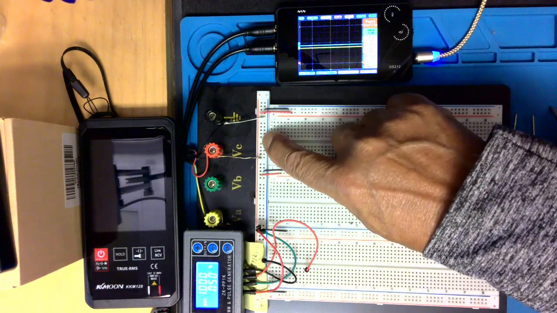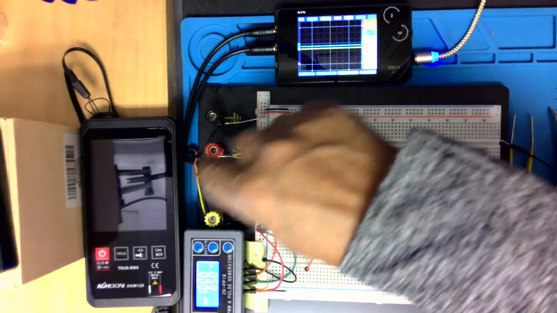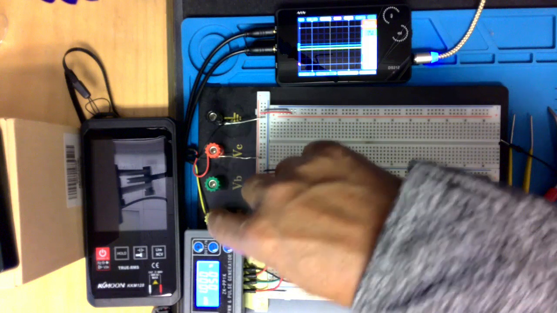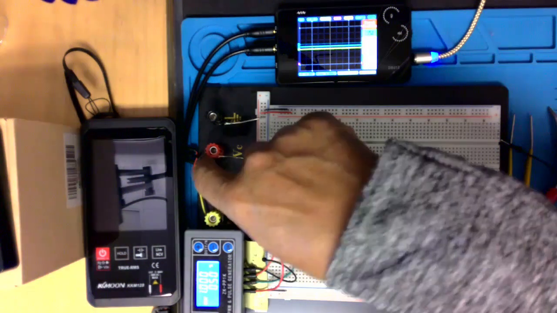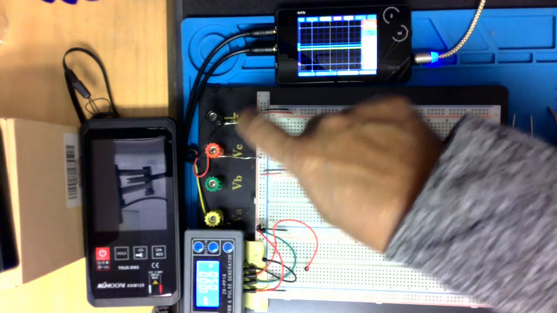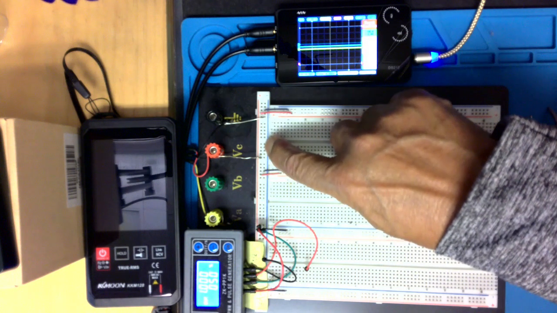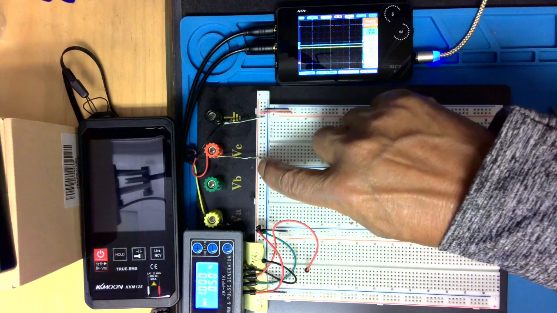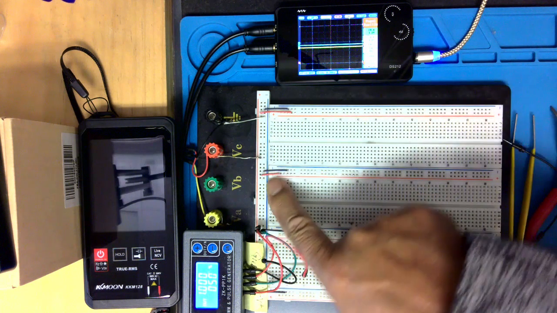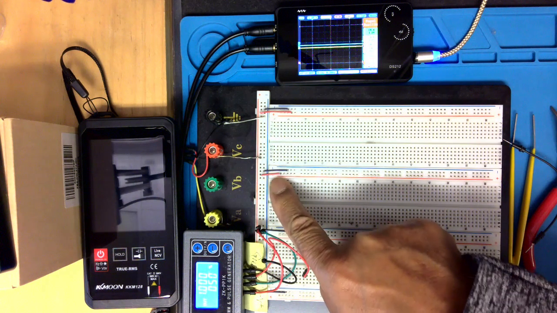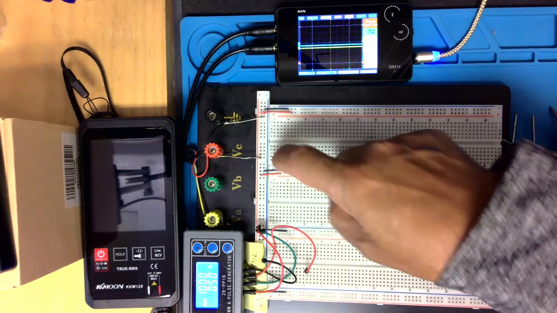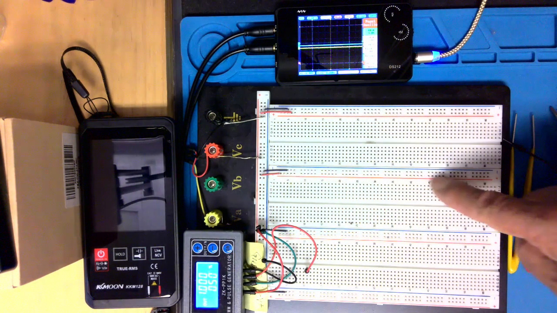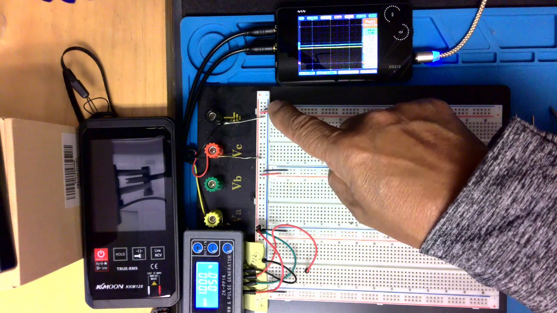For example, I have a power supply as a ground, 5 volt and 12 volt behind this, and this line is all short circuit to be ground, and this line is 5 volt, and I pull out 5 volt by red wire here, and ground to this. So this is all ground and this is 5 volt. Okay, the same way here.